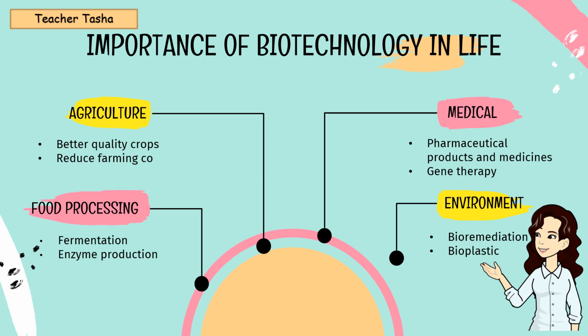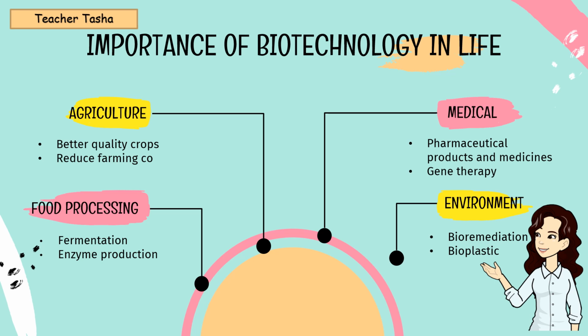So some of the importance of biotechnology is in terms of agriculture, food processing, medical, and also environment. In the field of agriculture, biotechnology is used to produce crops that are insect or pest resistant and also herbicide tolerant. This increases the quality and quantity of crop production to sustain the rapid growth of population.